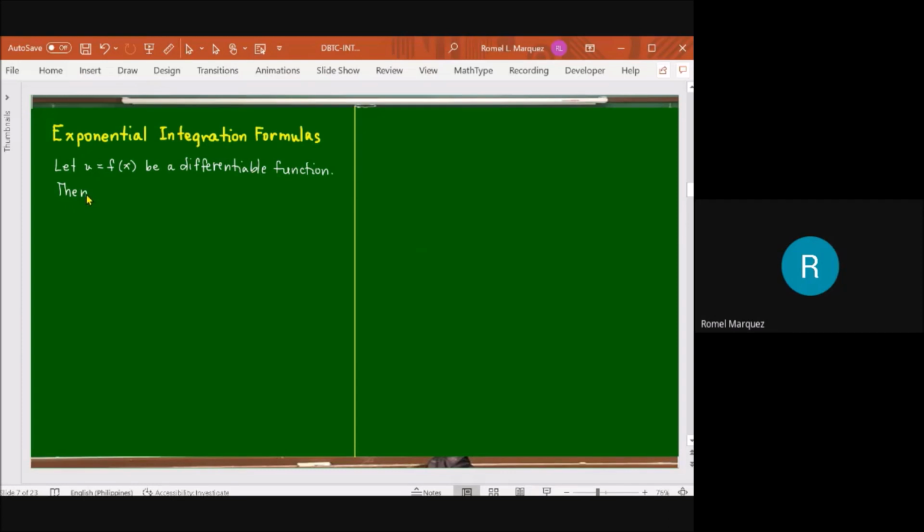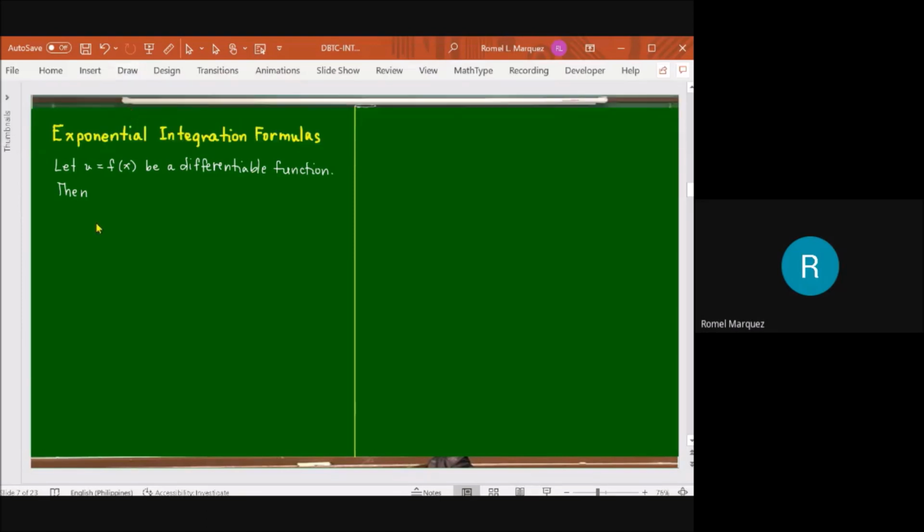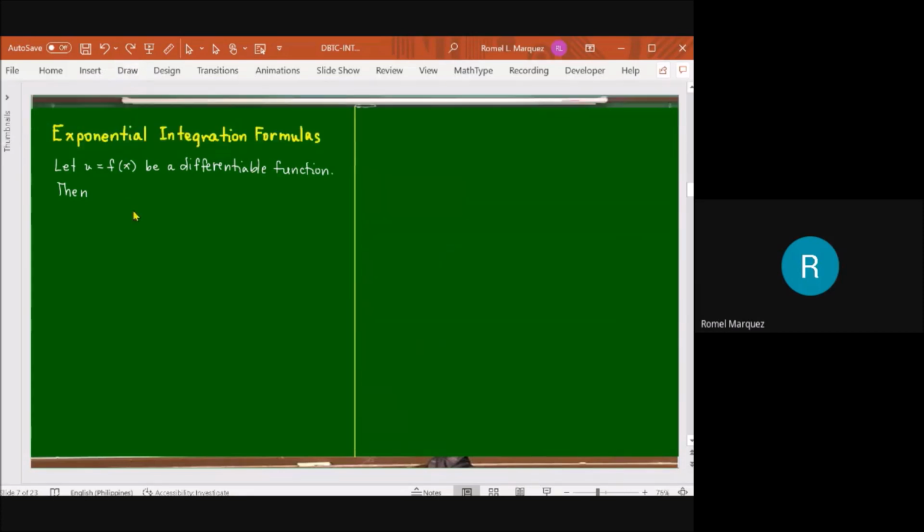And number one, the integral of a to the u du is equal to a to the u over ln a plus c, where a is positive but not equal to 1.